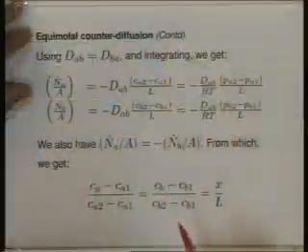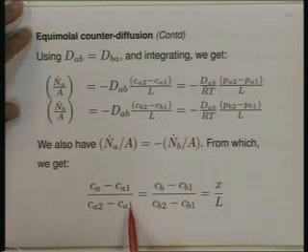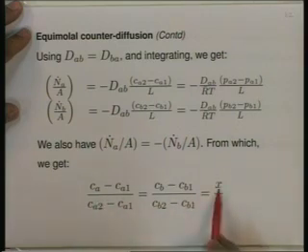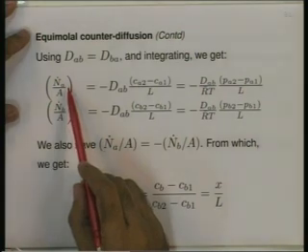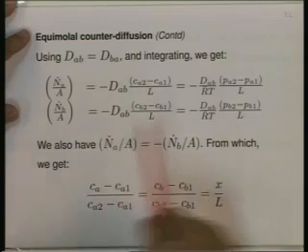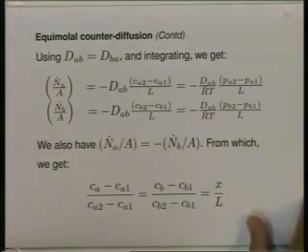So, this leads to simple expressions. Knowing the molar concentrations of A and B, we can determine the molar density profile, but more importantly we can determine the molar flux of A and the molar flux of B.